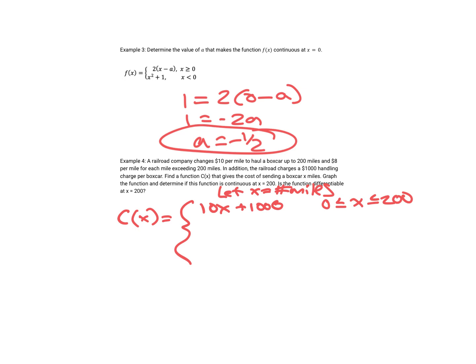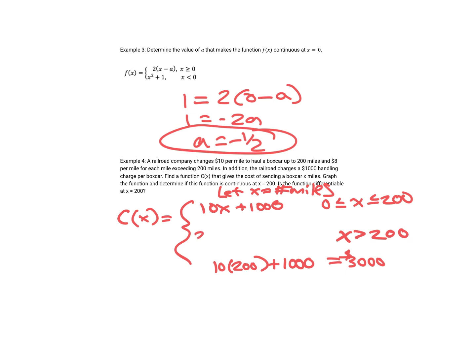After that, when we're putting in values greater than 200, I'm going to pay for the 0 to 200. So if I'm going greater than 200, I'm paying for the 200. Let's see how much I'm paying there. If I'm paying for the 200, I'm paying $3,000. And then for everything over 200, I'm paying $8.